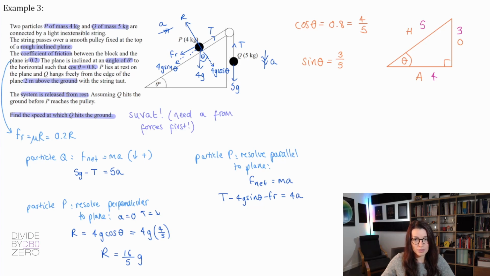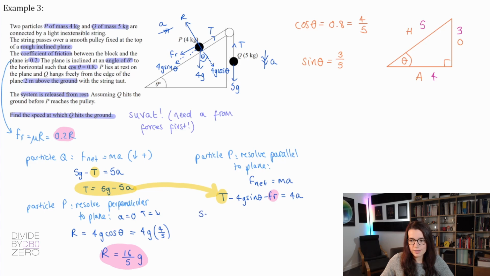Acceleration is the variable we want to find, so let's see if we can sub in some values for the other ones. For T, we can get T from this first equation by rearranging, so T will be equal to 5g minus 5a, and we can sub that in. And for friction, we know that that's 0.2 R, and we now know what R is. So if we put all of those pieces into this equation, let's see what we get.